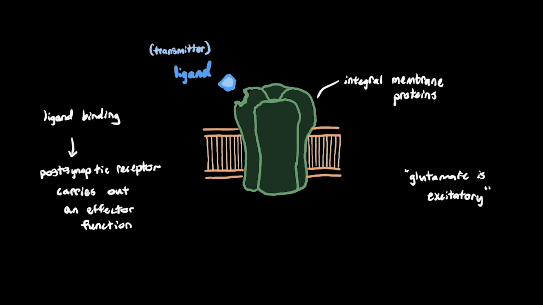The effector function depends on the postsynaptic receptor and not the particular transmitter that binds to it. The same transmitter can bind to different postsynaptic receptors that have excitatory or inhibitory effects. And the same postsynaptic receptor can have excitatory or inhibitory effects depending on the relative ion concentrations across the membrane. So even one postsynaptic receptor can have different effector functions depending on the context.